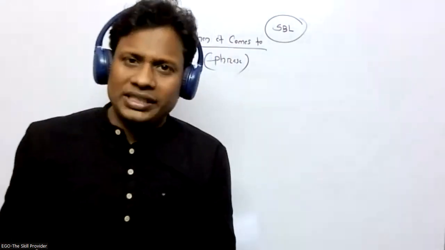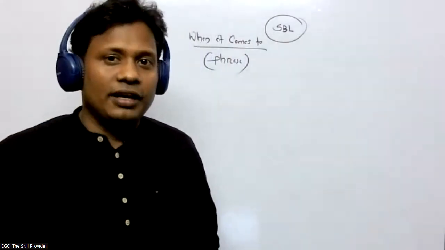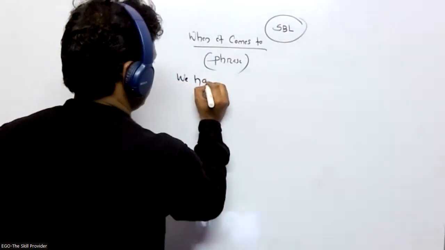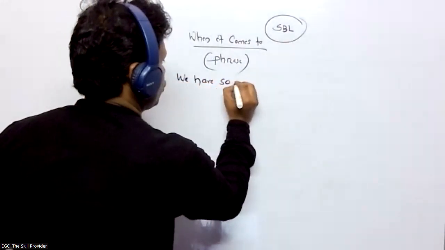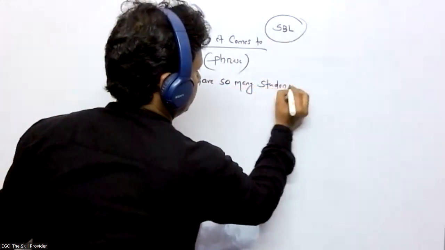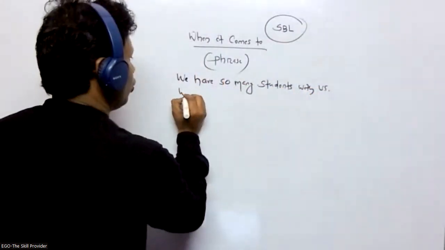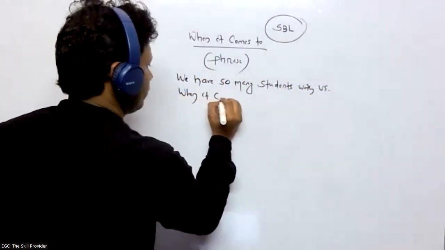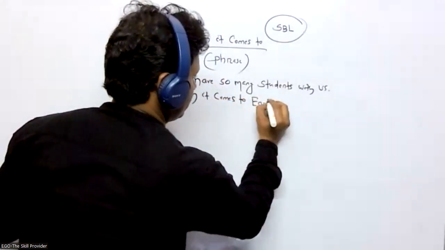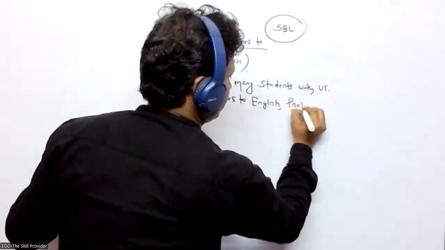There are so many ways you can use it actually, but where will you use it? In a general discussion, a particular thing. Like you can say, we have so many students with us, when it comes to English, Prakash is the best.